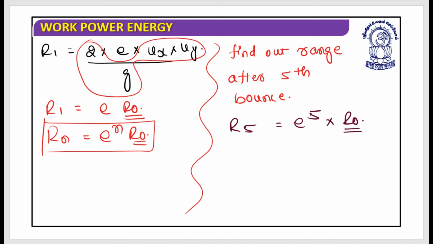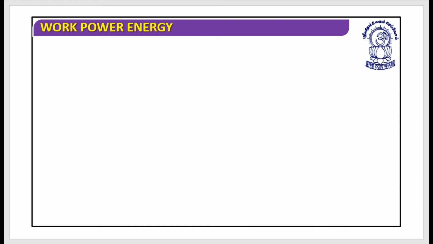If data has been given, calculate R naught, put in the value of e and do it for yourselves. I hope this is clear. Is it clear? Are you sure?